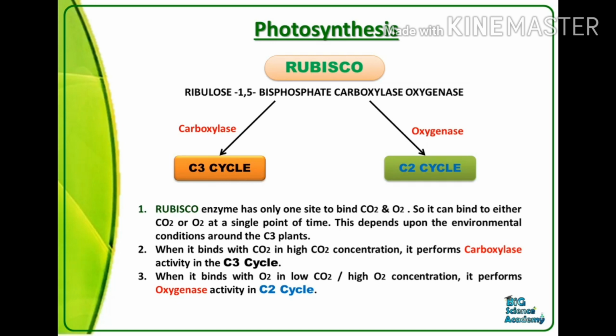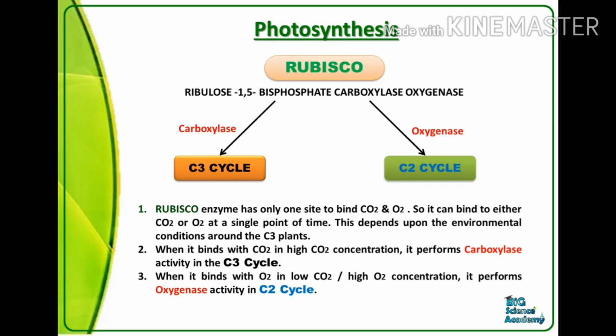RUBISCO is present in every plant's body because every plant needs to perform photosynthesis, and RUBISCO is the most important enzyme in the whole world because due to the presence of RUBISCO, the photosynthesis is being carried out, and due to the process of photosynthesis, the total living world is getting their food.